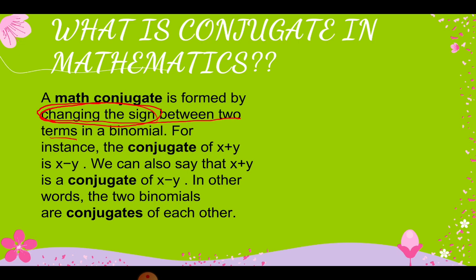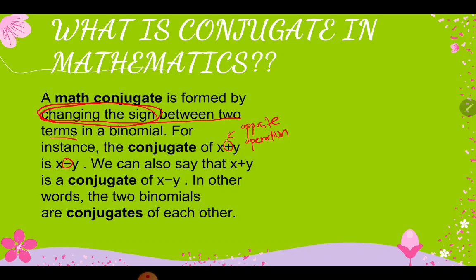In other words, the two binomials are conjugates of each other. Again, as we can conclude before, the conjugate represents the opposite operation for the other term, right? So as you can see, this is plus and this is minus. So opposite operation.